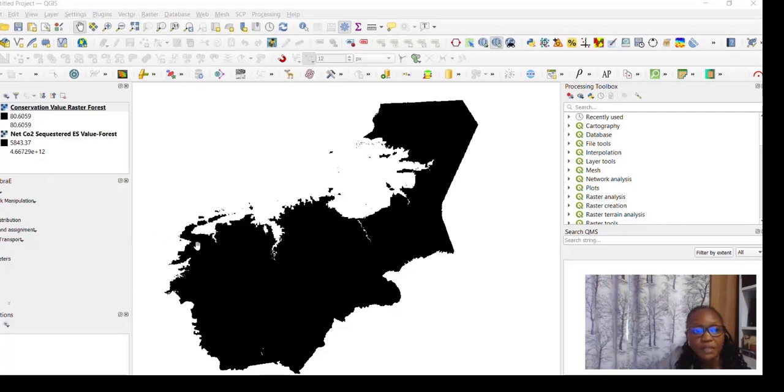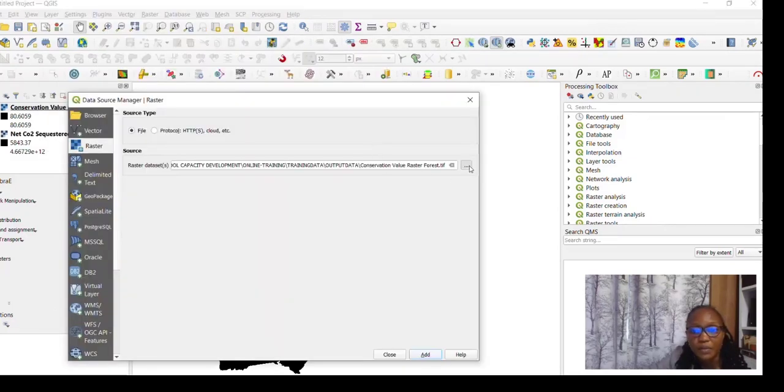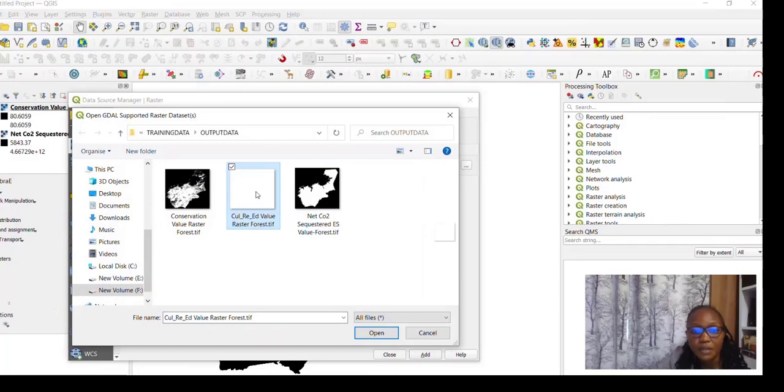We now come and add our last layer, the cultural, recreation, and education output. As you can see, we have the net carbon sequestration, we have the conservation value raster, the ones that we have been able to run from the previous model. So we go to add layer to the output folder where we stated that our files should go to.